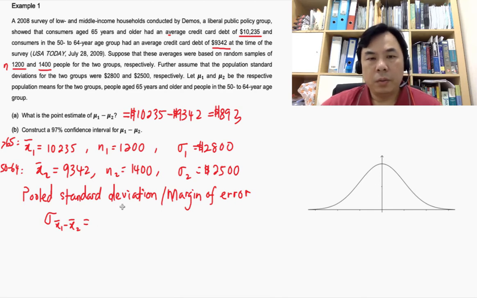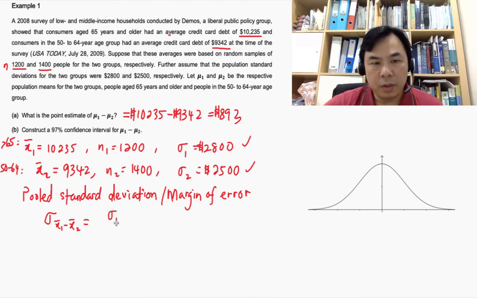All right, now the formula. In this case, we have been given the population standard deviation, so the formula is the square root of this.